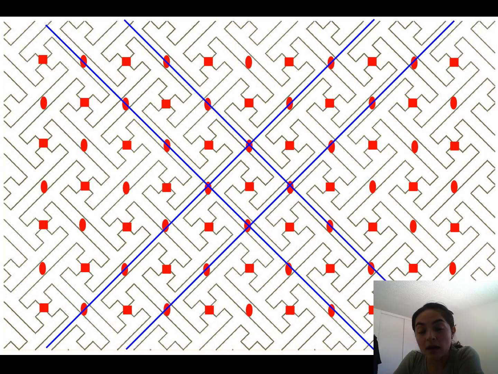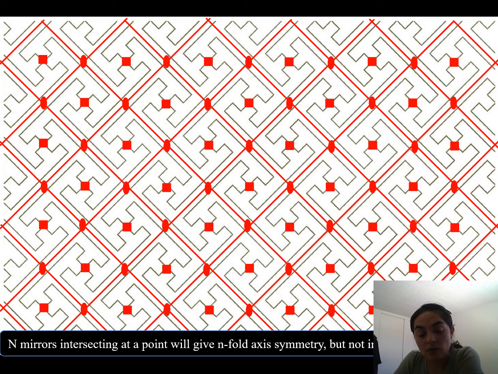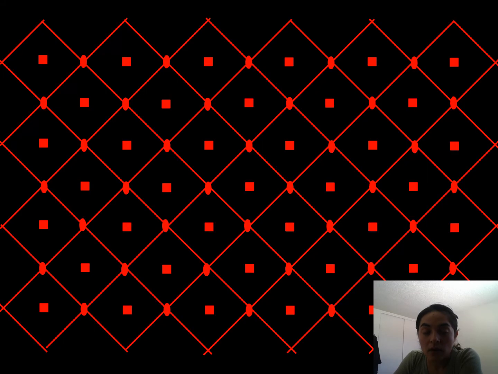I can also identify more than one mirror plane, these diagonal ones. And n mirror planes intersecting at one point will give you an n-fold axis of symmetry, but not the other way around. So again, we have this type of symmetry within this pattern.